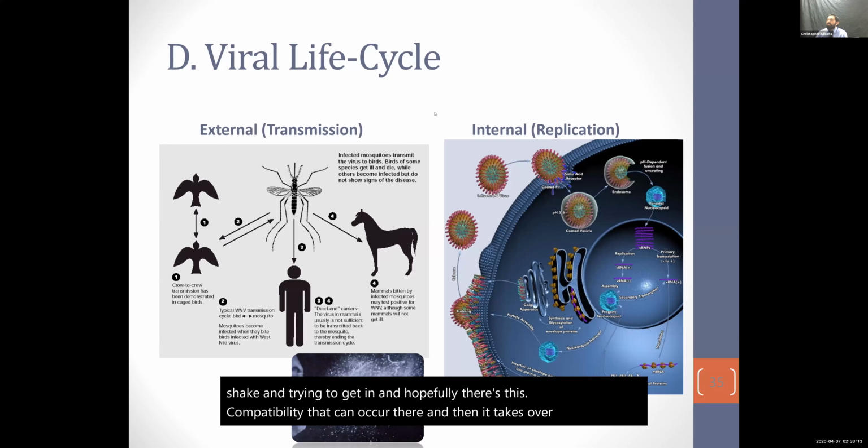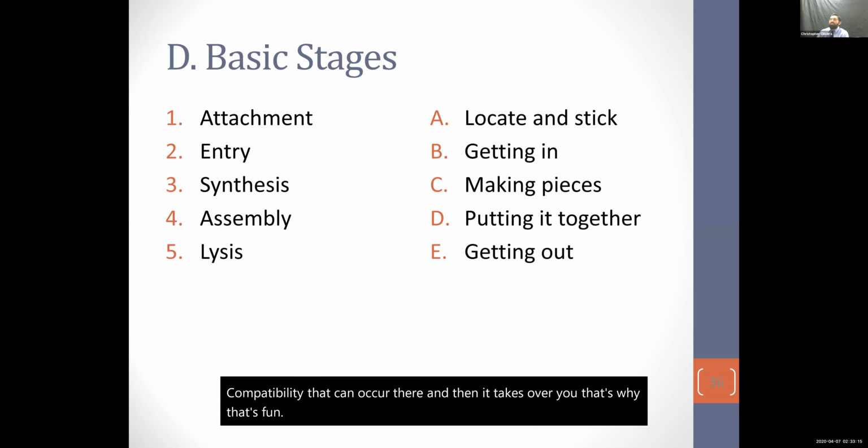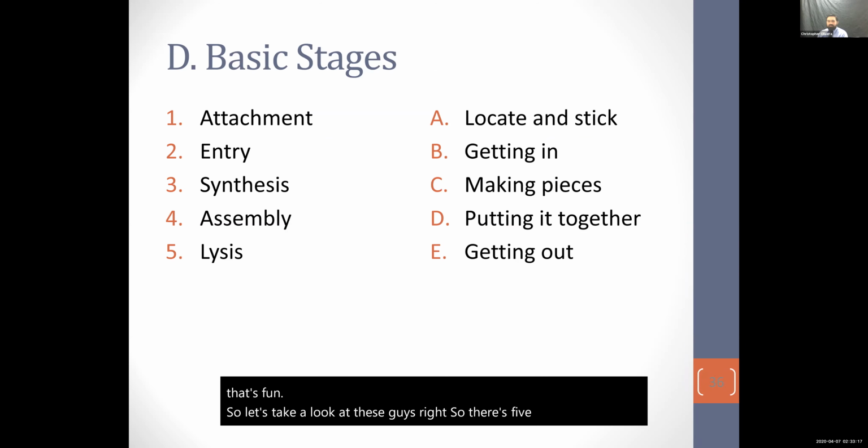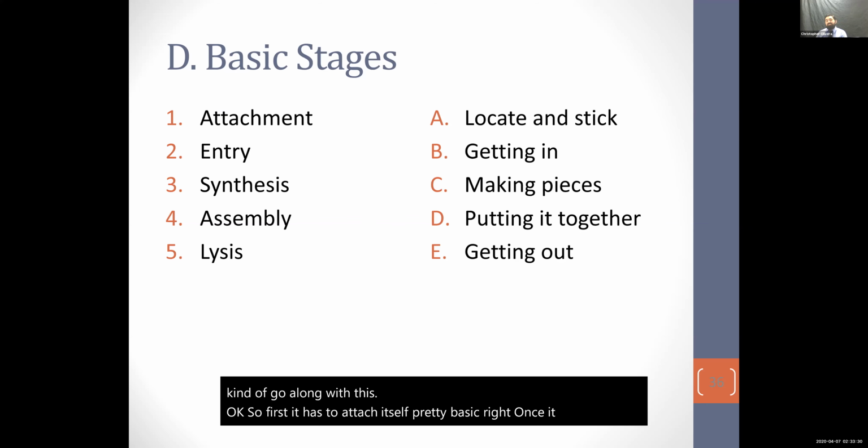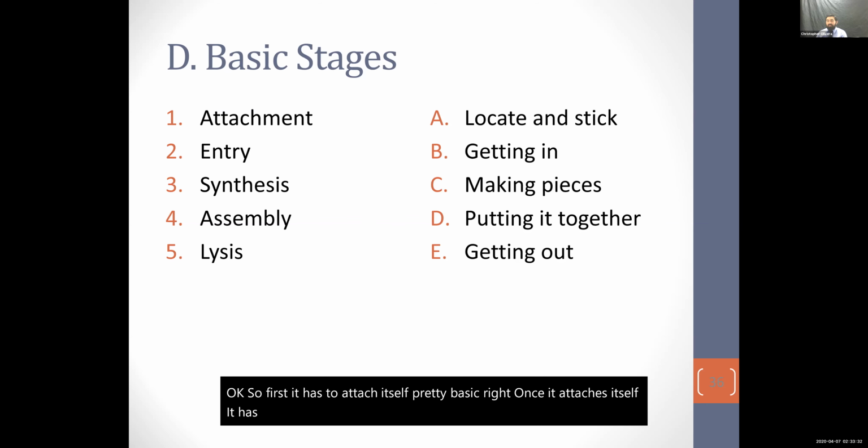All right, so let's take a look at these guys, right? So there's 5 main stages, which are kind of self-explanatory, so it shouldn't be too difficult to go along with this, okay? So first, it has to attach itself, pretty basic, right? Once it attaches itself, it has to gain entry into that host cell too. Once it gets inside, then it needs to start producing its own stuff, its own parts, its own pieces.